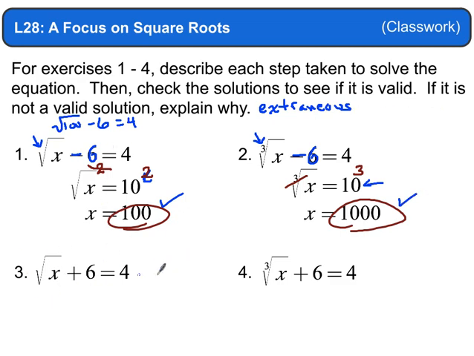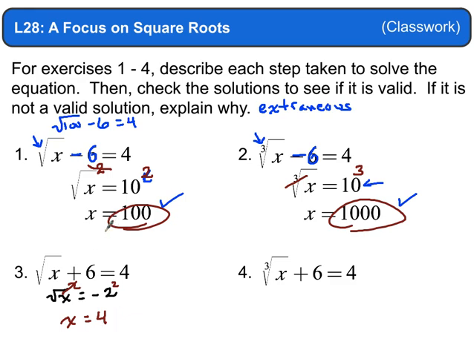In comparison, if you looked at numbers 3 and 4, if I was to minus 6 on both sides, we'd get the square root of x equals negative 2. And if we squared both sides, we'd get x equals 4.